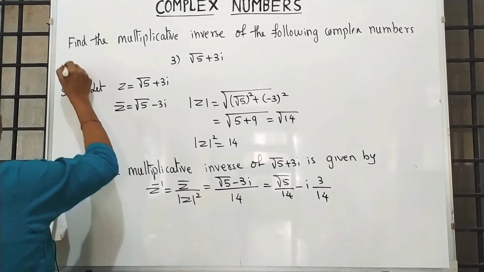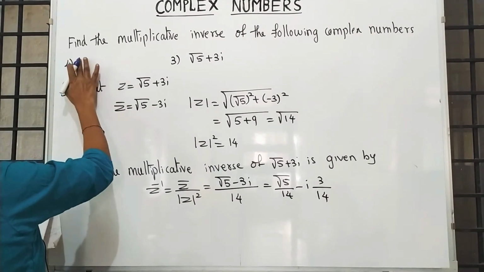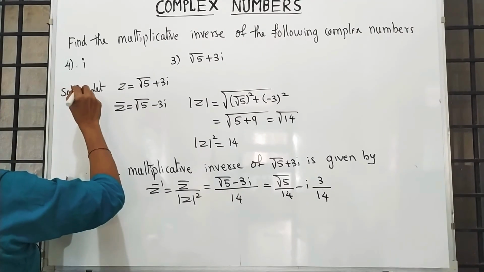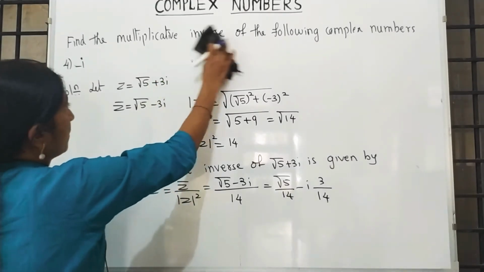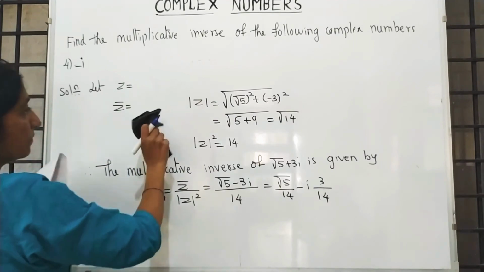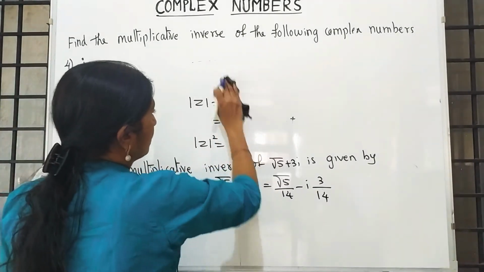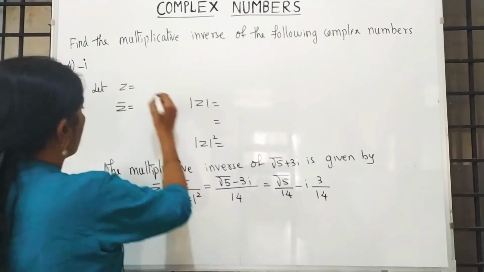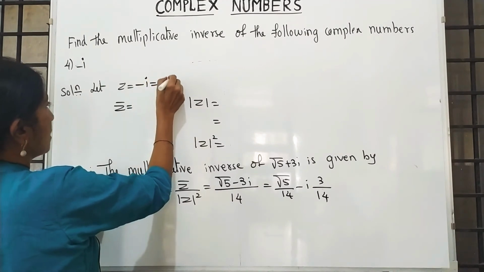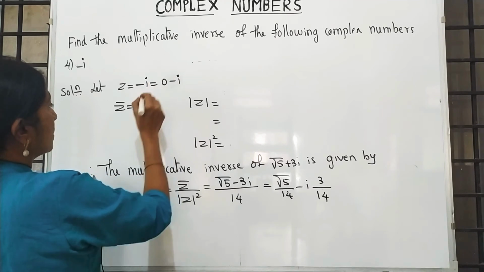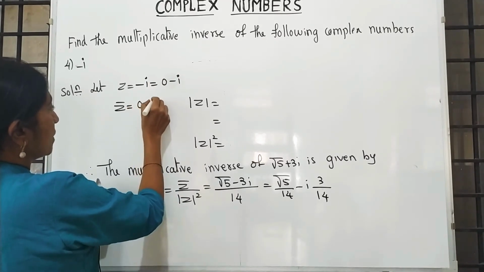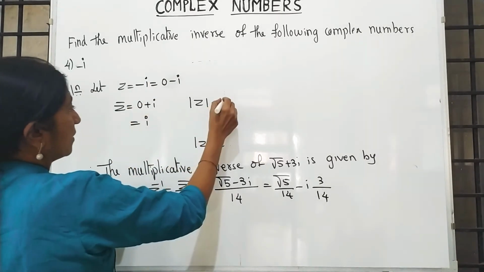Fourth question, fourth one is, sorry, minus i. Let us take z as minus i. Minus i is nothing but 0 minus i. Its conjugate is 0 plus i, or simply you can write i.